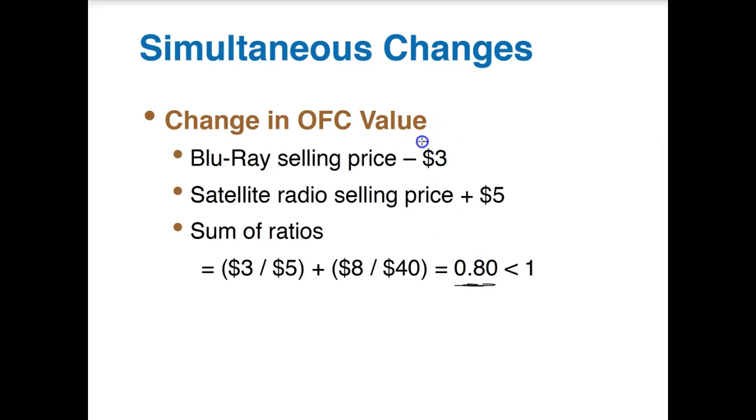Now again, here for the Blu-ray DVD, we're going down $3 in profit. So that will change our profit by decreasing that objective coefficient by $3. And with the satellite radio tuner, we'll be going up by $5 here. So I'll go back and show you how we calculate that as well.